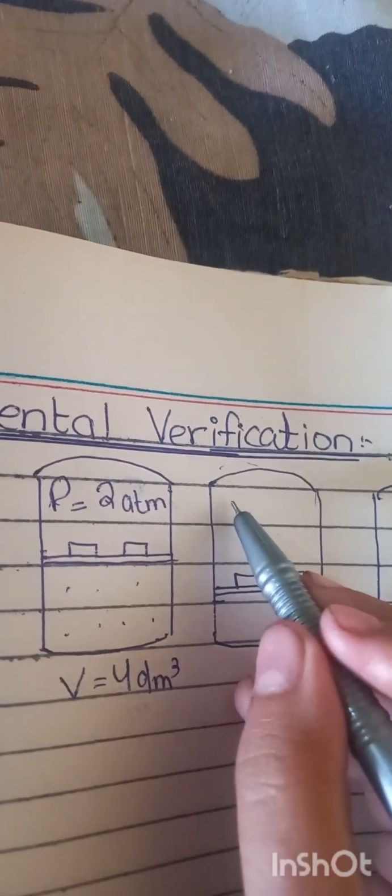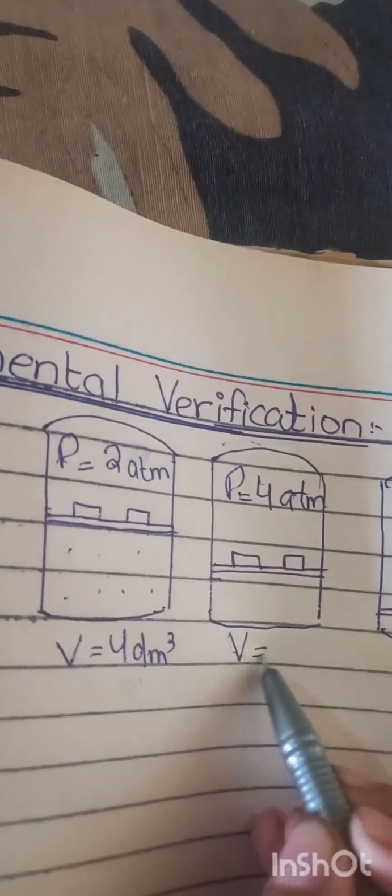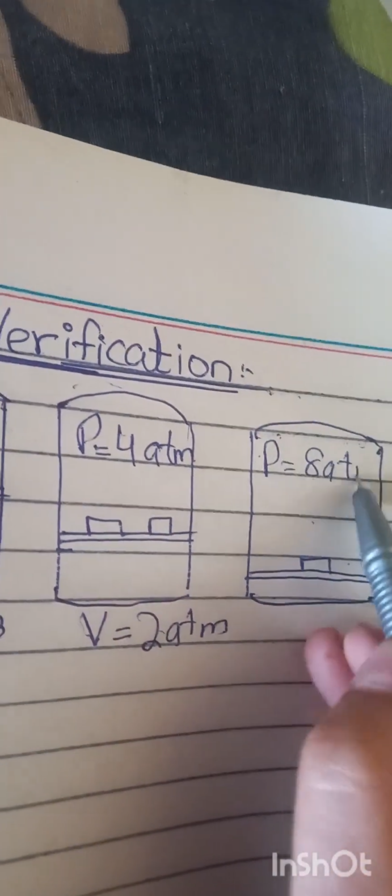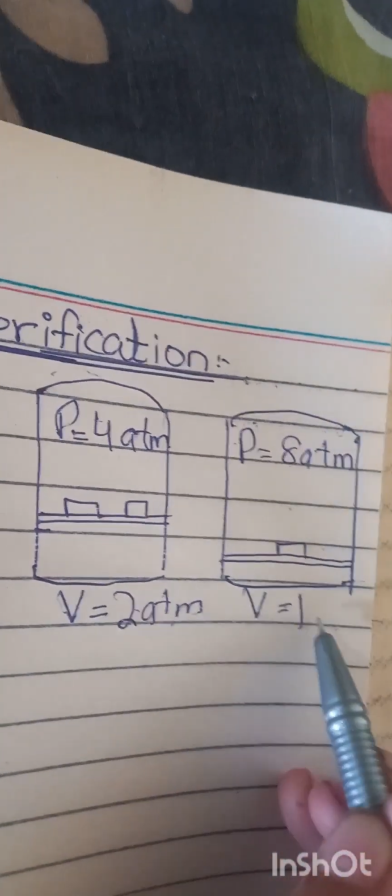If we again double the pressure, for example 4 atm, the volume will also be halved, and it will be 2 decimeter cube. If we again double the pressure, for example 8 atm, the volume will also be halved, and it will be 1 decimeter cube.